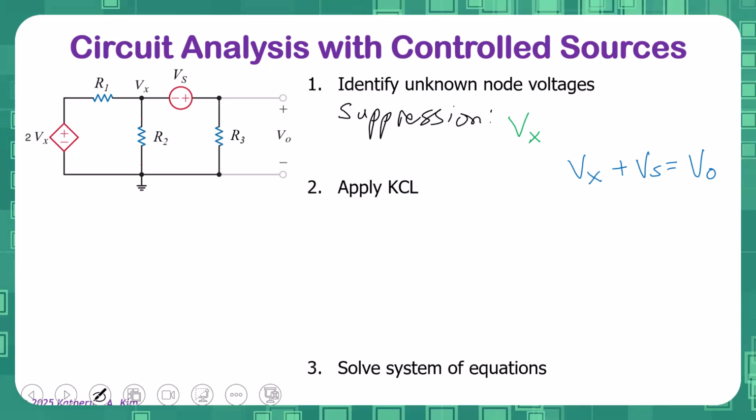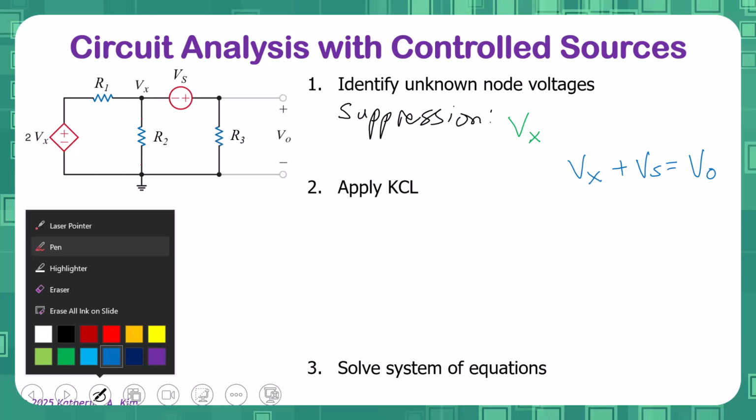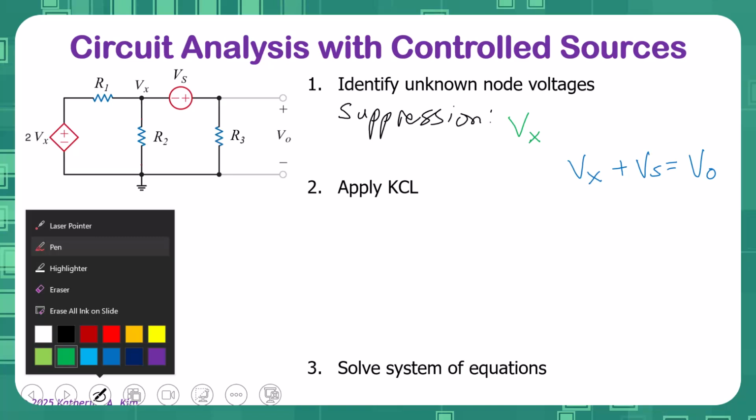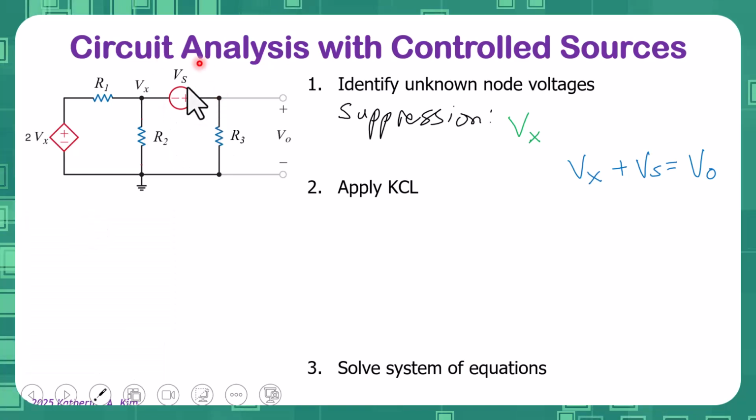So let's now apply KCL. And so we would see that we want to apply KCL around Vx, we see that we have this voltage source floating here, and we know that we have to apply a supernode.